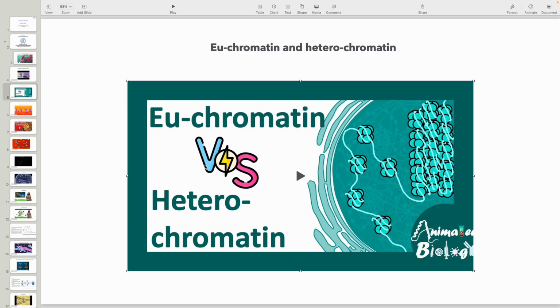So for this we need to condense the DNA so that it can be incorporated into the nucleus. So how is this done? They form this nucleosome-like structure. So this DNA gets wrapped around those histone proteins, and they form the very dense chromatin structure, which again forms the chromosome, and which stays inside the nucleus.